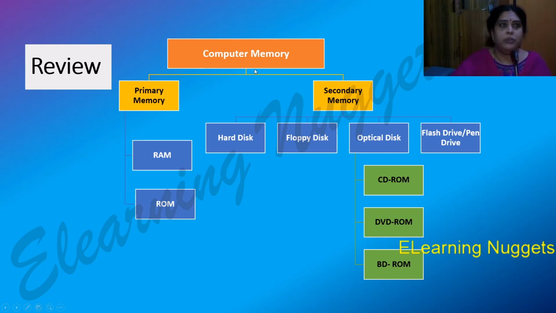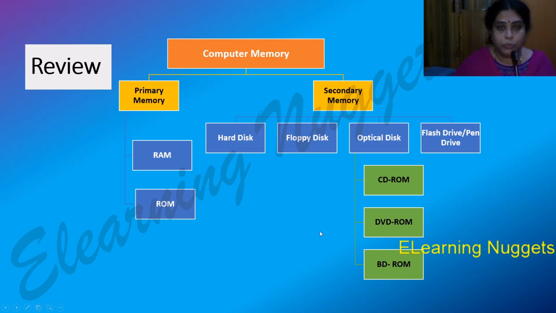So coming to the review, I would briefly tell you that there are two types of computer memory: primary memory and secondary memory. You have the RAM, ROM, and the cache memory under primary memory, and secondary memory is divided into hard disk, floppy disk, optical disk, and flash drive or pen drive. Okay, optical disk is again made up of CD-ROM and DVD-ROM.